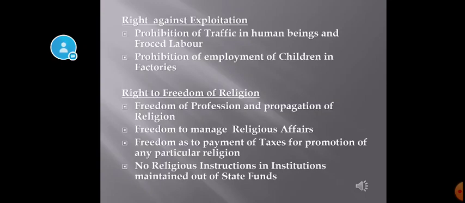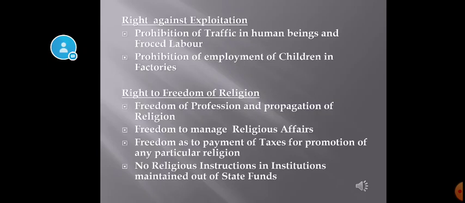The fourth point describes no religious instruction in institutions maintained out of state funds. There is a distinction between educational institutions wholly maintained out of state funds and those recognized by the state or receiving aid out of state funds.